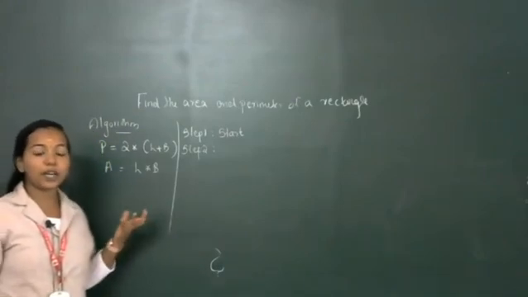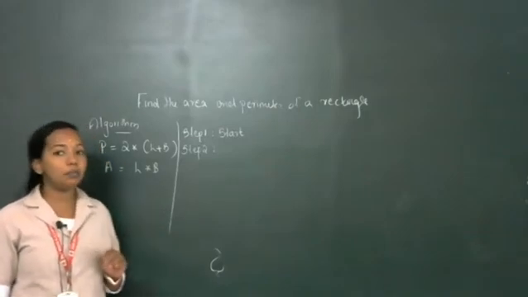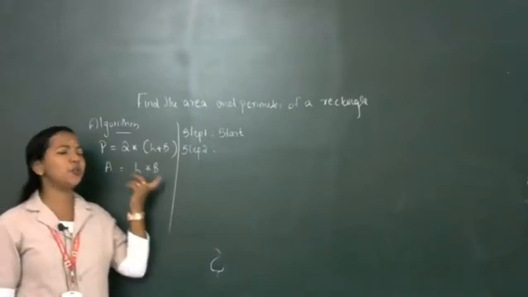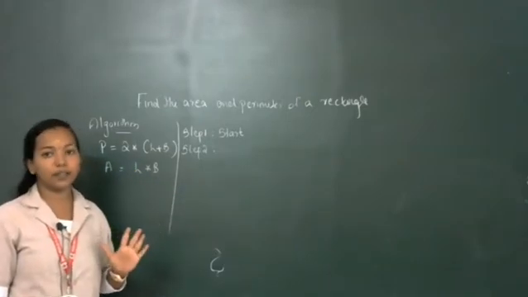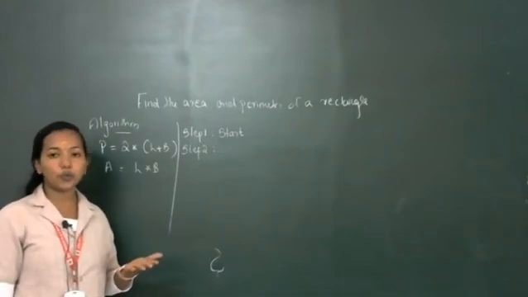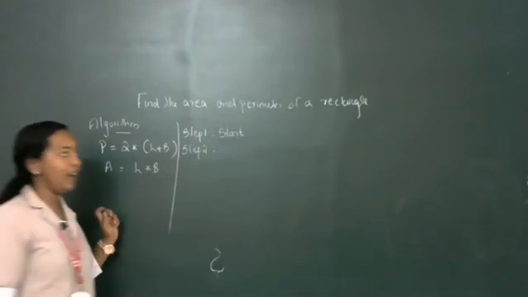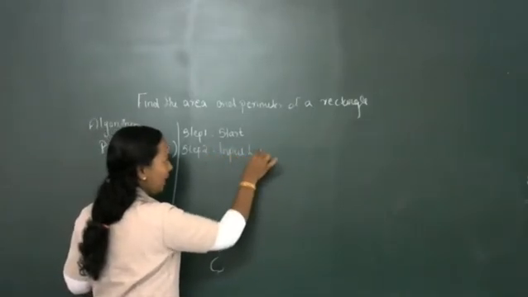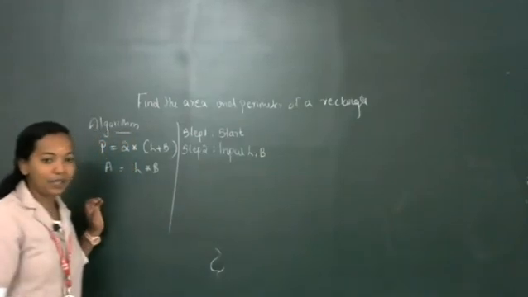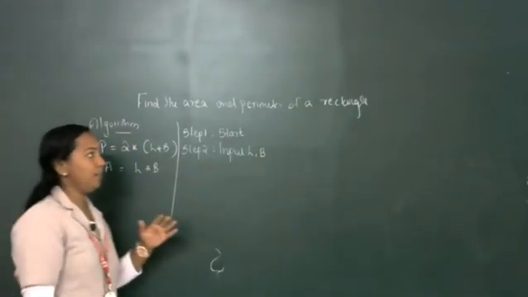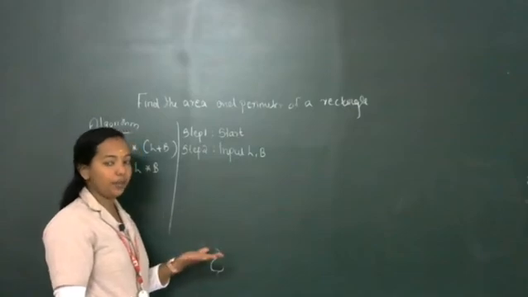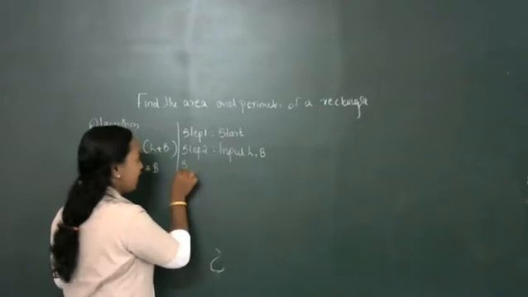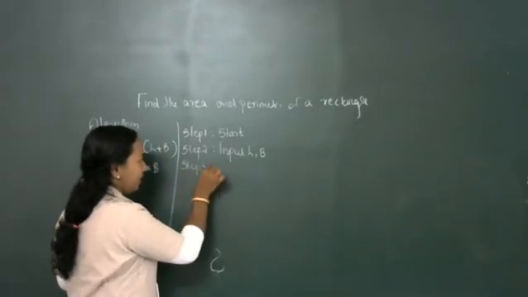To find the area and perimeter of a rectangle, we need two variables: length and breadth. So we can write: Input L comma B, L for length and B for breadth. Once we have length and breadth, we can find the perimeter first, and after that the area. So step 3, we are finding the perimeter.